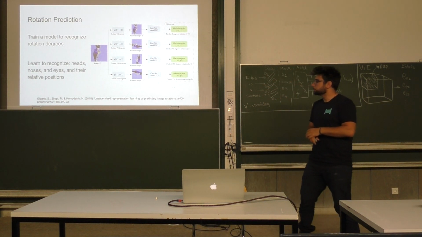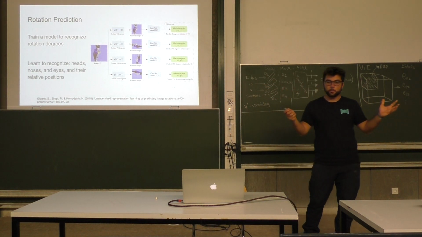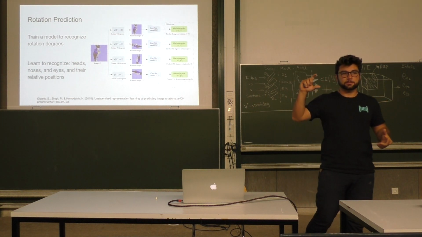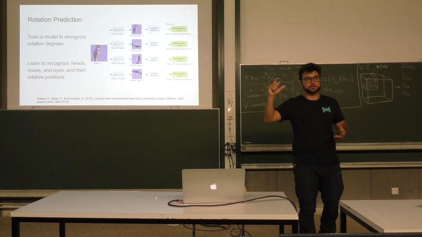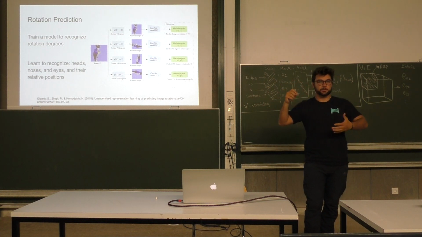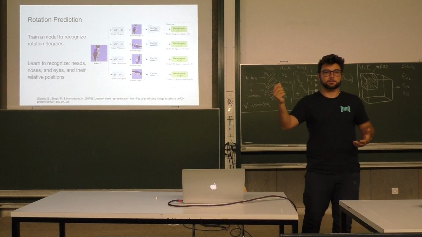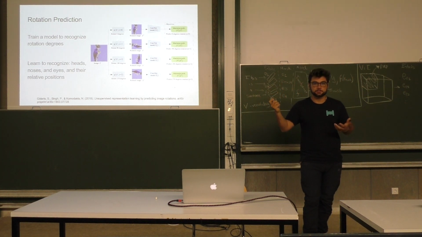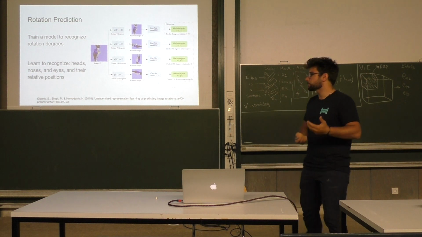And for random images in the wild, maybe this rotation doesn't even make sense. You can think of an image with a sliced orange. No matter if you rotate it and you can predict the rotation, it doesn't mean that you learned anything about the orange. So there are a lot of counterintuitive examples.